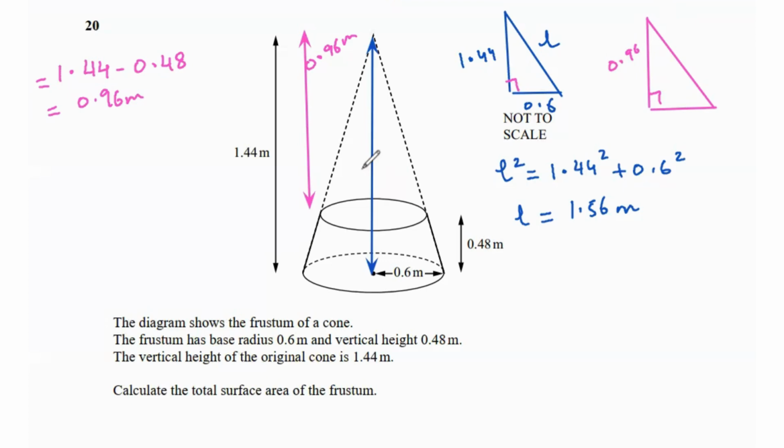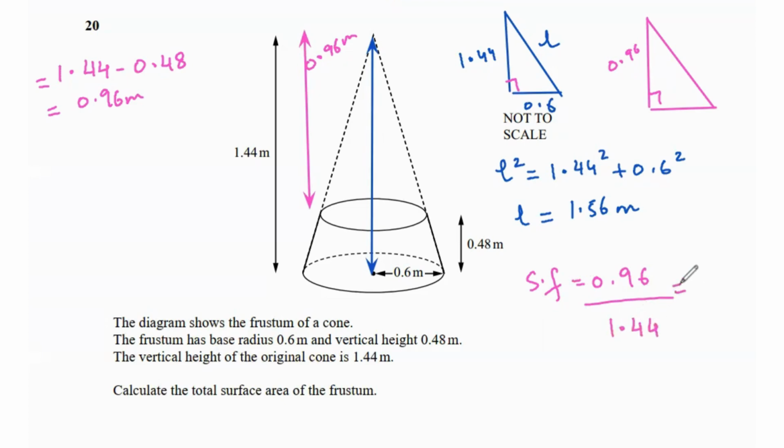So if those two cones are similar, that means one cone is enlarged or reduced in size from the other by a common scale factor. For the scale factor, we can compare the heights of the cones. So I'm going to do 0.96, which is the height of the removed cone, divided by the height of the original cone, which is 1.44.